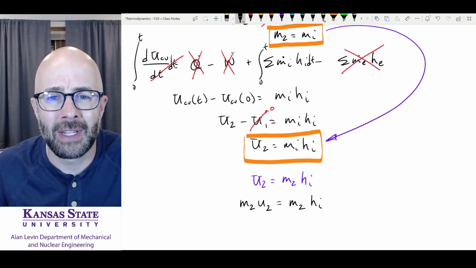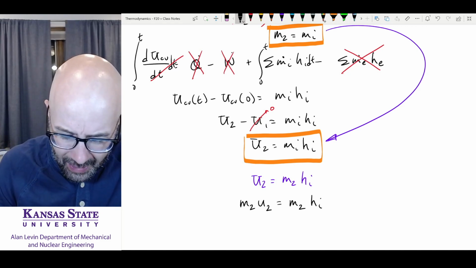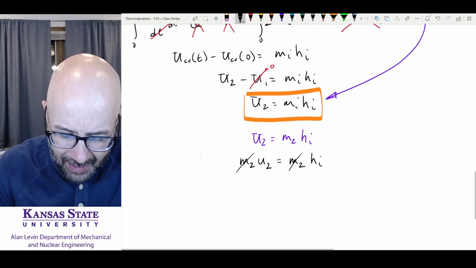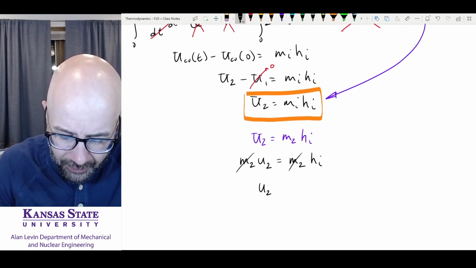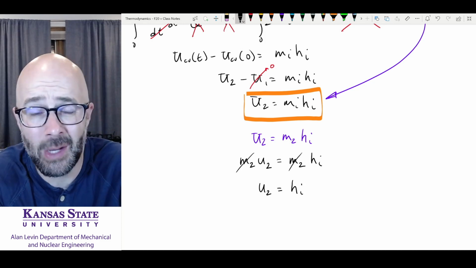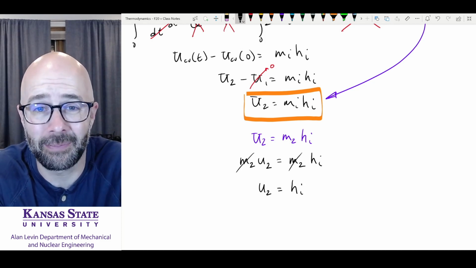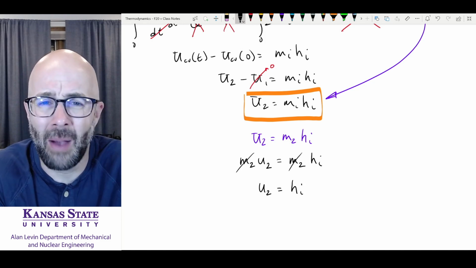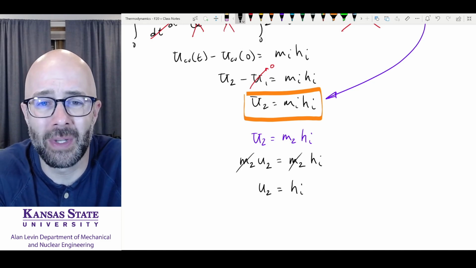And so we have a very unique problem here where our masses are going to cancel. And so for this situation to occur, we have to say that the internal energy 2 is going to be equal to the enthalpy coming in.